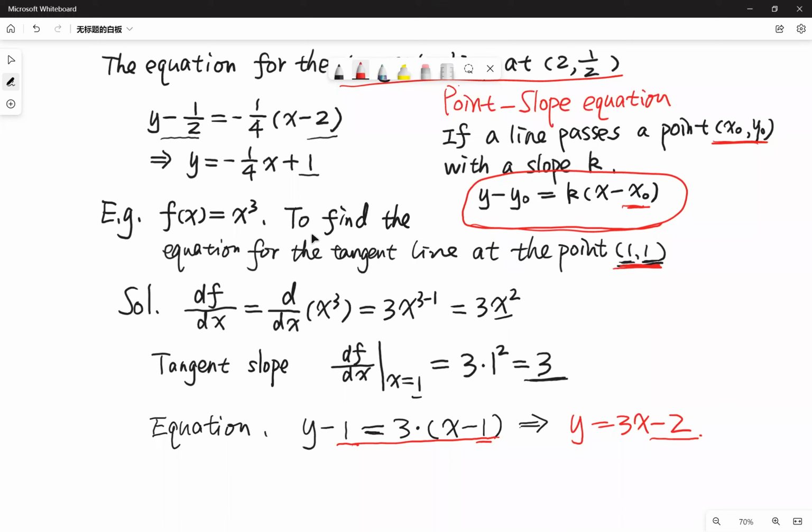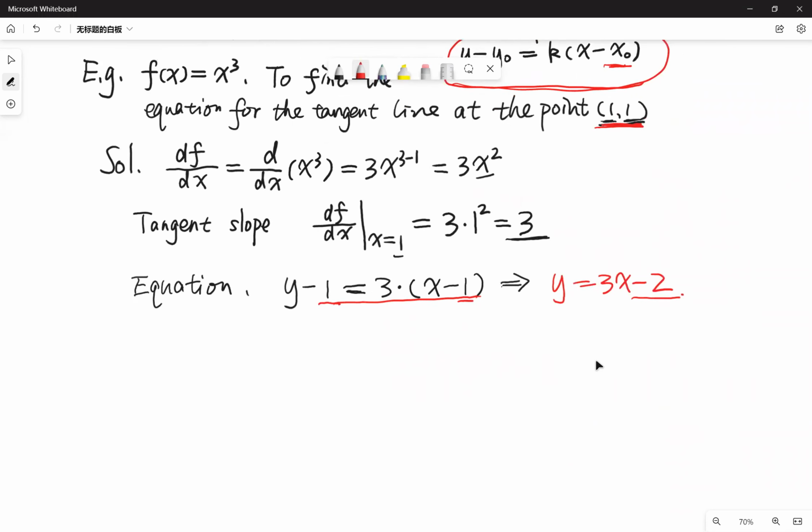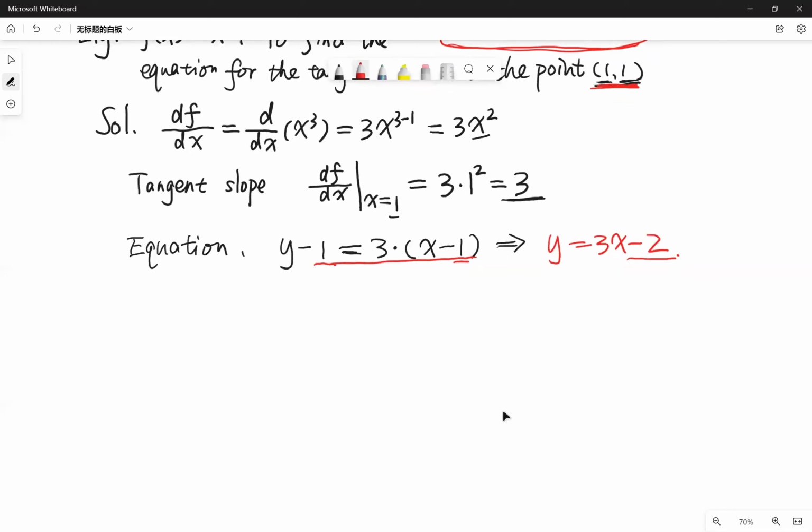These two examples are about the geometric meaning of the derivative. So after that, we will learn some differentiation rules here.